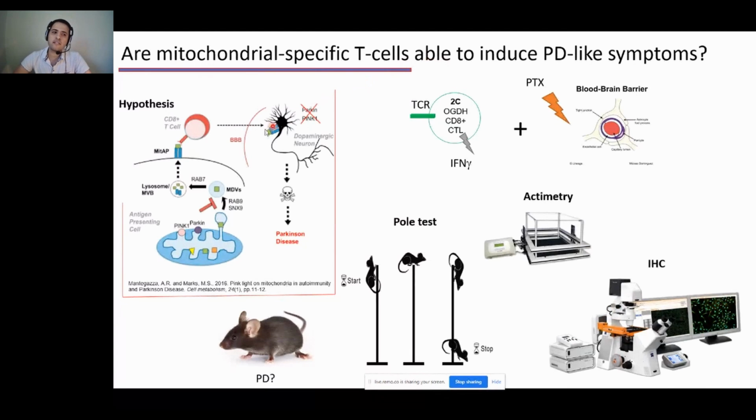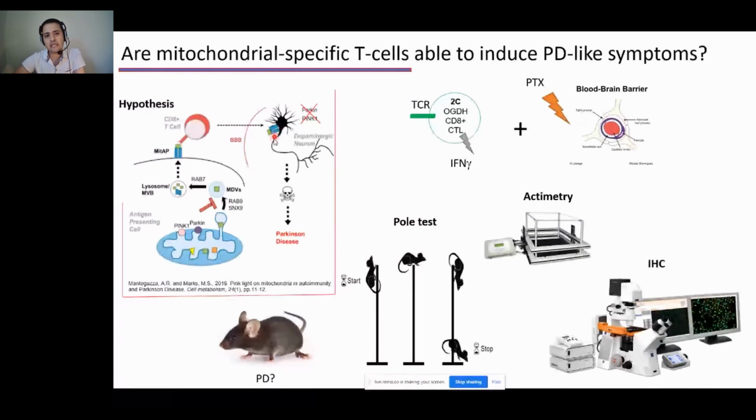In order to answer this particular question and validate the hypothesis, we built a new mouse model in which we can recapitulate activation of mitochondrial antigen presentation and the presence of mitochondrial-specific T cells and their infiltration into the brain.